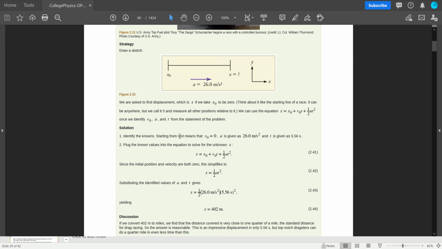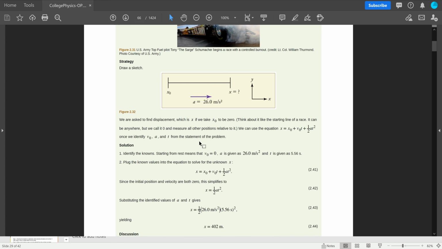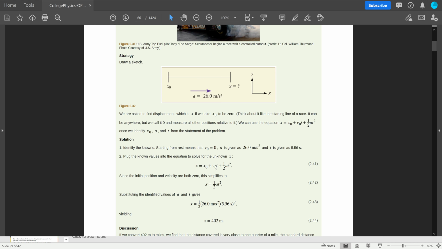So here we have this equation: x final, we want to know how far it goes, equals our initial x, which we know is 0 because it starts from rest. It's one of those assumptions we were talking about. Plus our initial velocity, which was 0 because it was at rest, times our time, since we're trying to figure out at 5.56 seconds how far it went.